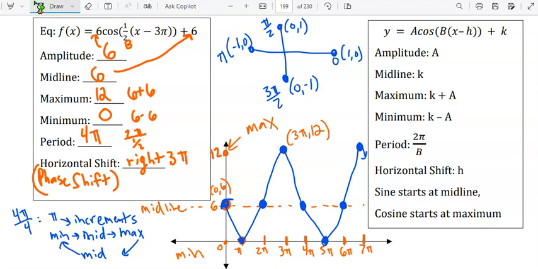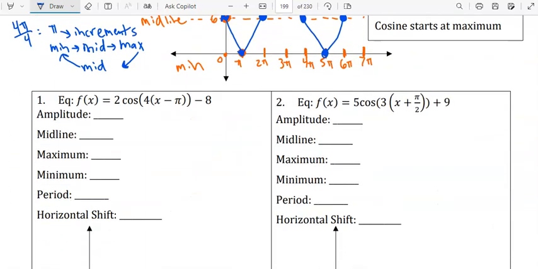So as pi increments to go from each of these values. Try the other examples.